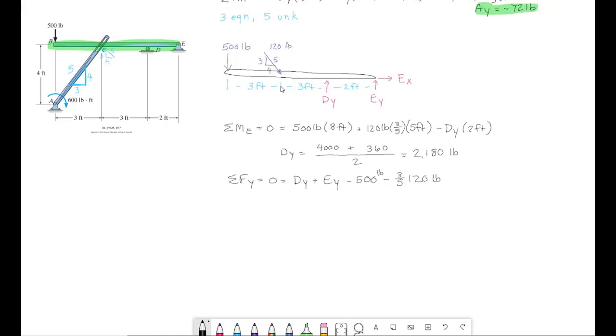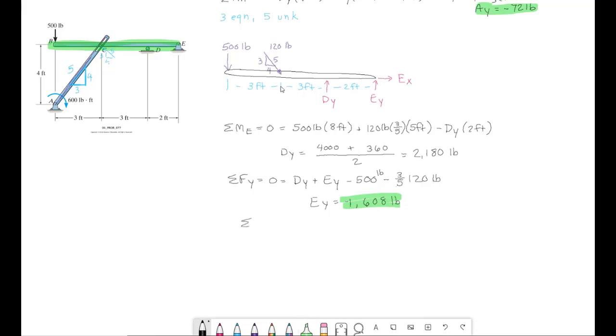Let's add some pounds in there. And EY equals, the DY is going to come over to the other side as negative, so we're going to have minus 2,000 plus 500 plus 72, get a negative 1,608 pounds for EY.